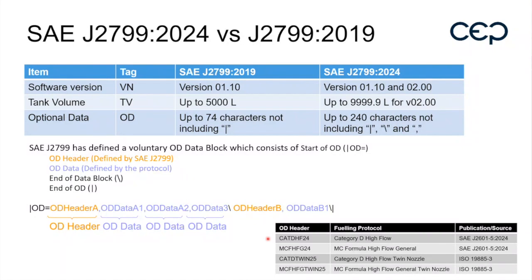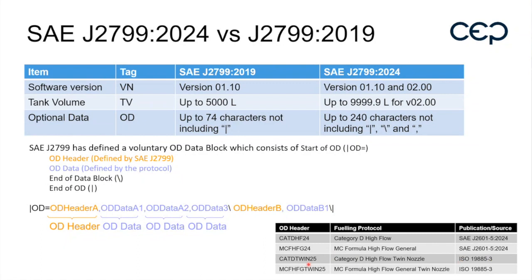So which are the headers that have been defined already? For J2601-5, 2024 version, you have the CAT DHF24. You will have the MCF HFG24.